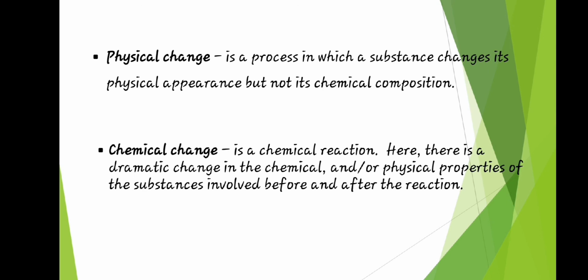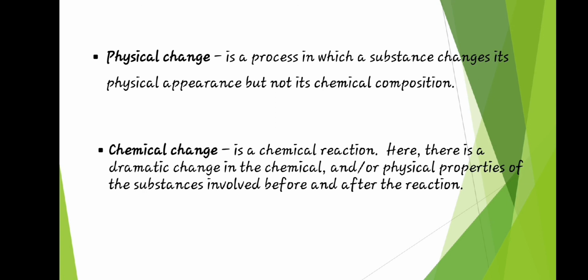With that, let's define first what is chemical change. Chemical change is a chemical reaction. Here, there is a dramatic change in the chemical and/or physical properties of a substance involved before and after the reaction. So, as you can read, dramatic change. My example is a piece of paper. Once the piece of paper is cut into different sizes, it shows physical change.